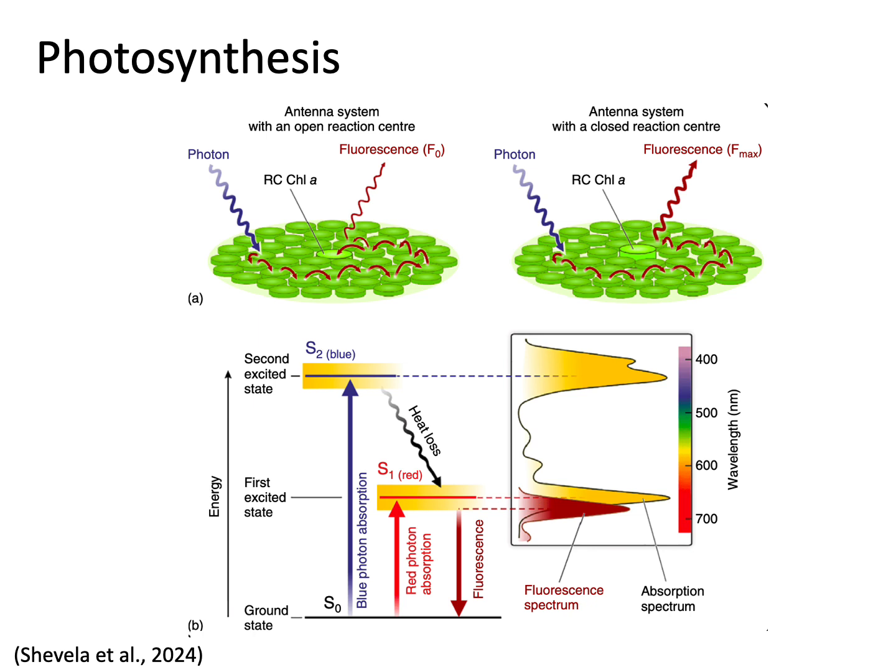Not surprisingly, the shorter wavelength, higher energy photons bump electrons into a higher S2 state, whereas the longer wavelength, lower energy red photons, chlorophyll can absorb those too. It just gets the electrons to the S1 state.